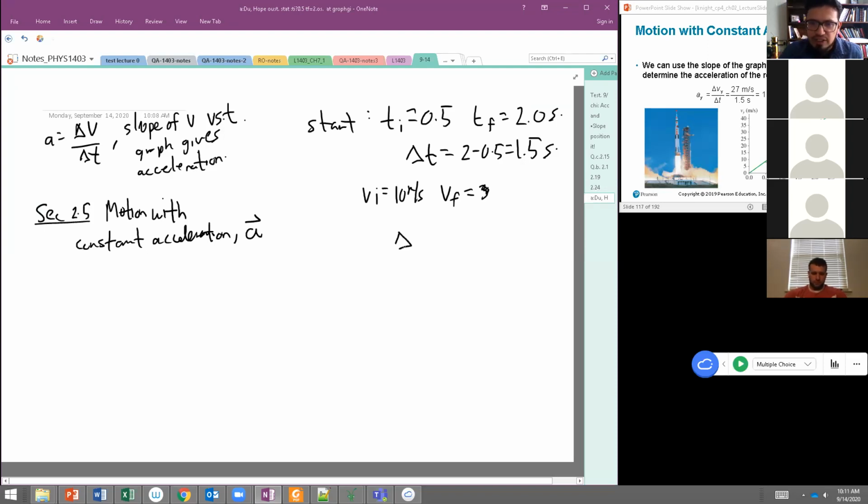When they did the delta V, they got a value of 27 meters per second, so this number should have been something like 37 meters per second, which maybe is not exactly right.